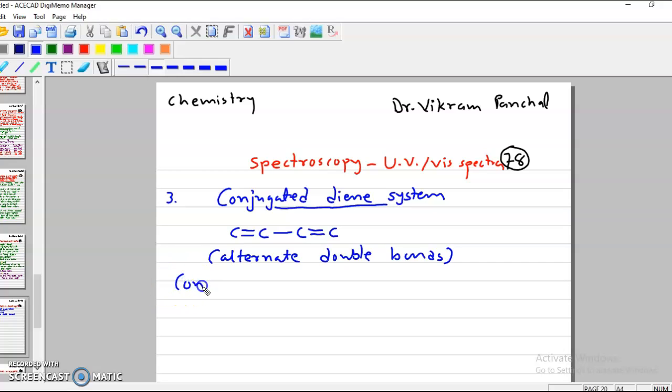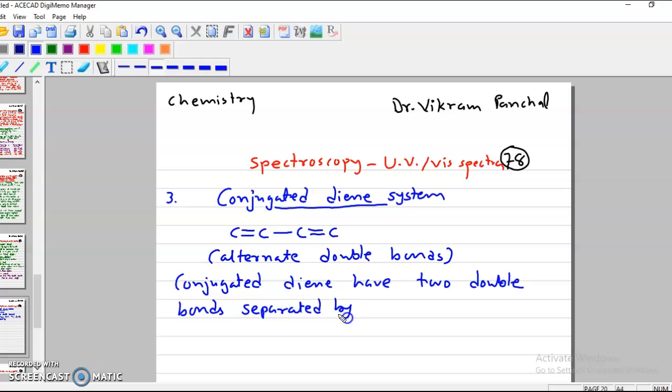So a conjugated diene system has 2 double bonds separated by only one single bond.